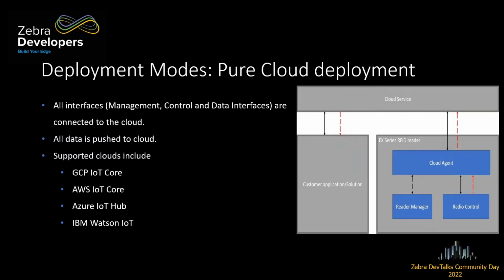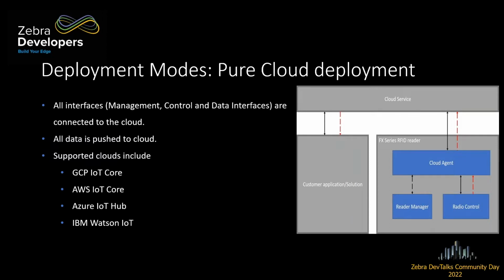And any data that is sent by the reader is also sent directly to the IoT Core, which the application can receive using the PubSub service. So that's the pure cloud deployment, and obviously this would require that the reader has a connection to the internet.